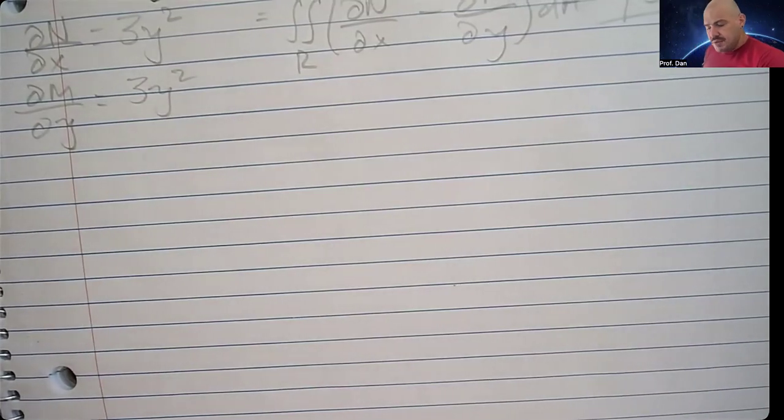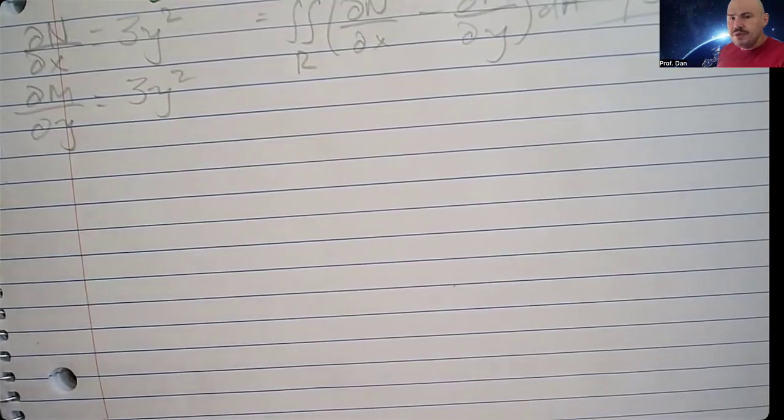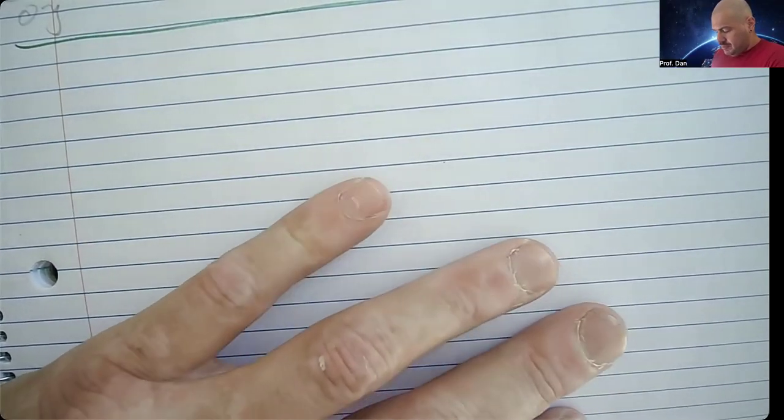So that's the double integral over R of dA. We can actually use the result from Green's theorem to make this into something that is perhaps a little more manageable. And here's the formula.